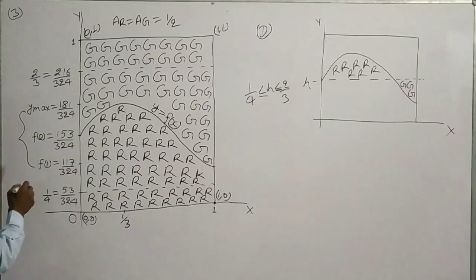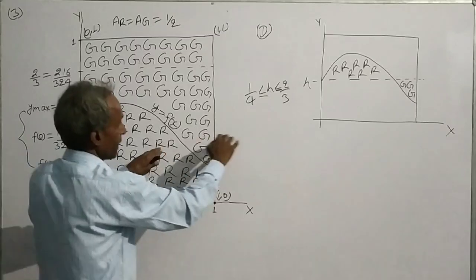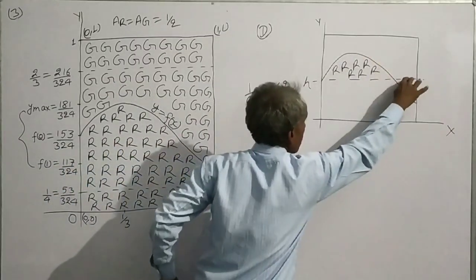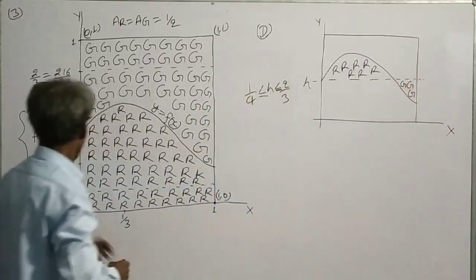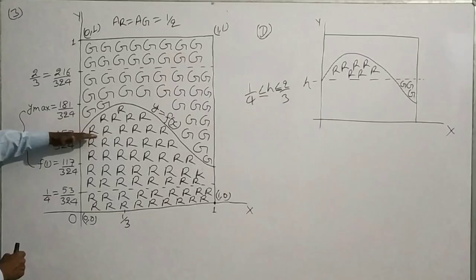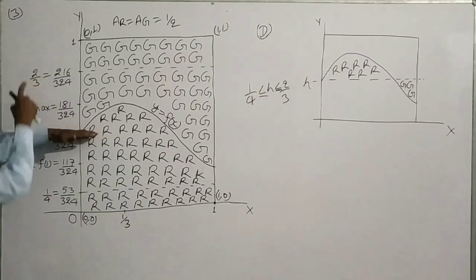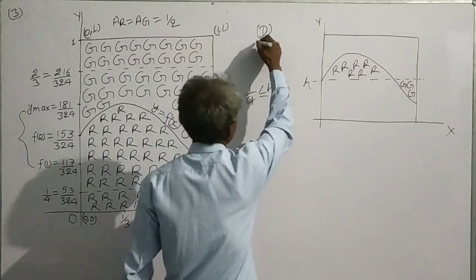There certainly exists a height h between f1 and y maximum, such that the area of the red region above this horizontal line will be equal to the area of the green region below this horizontal line, and any height which lies between f1 and y maximum, suppose this is height h, then this height h certainly is less than 2 by 3 and greater than 1 by 4. Therefore, this option is correct.